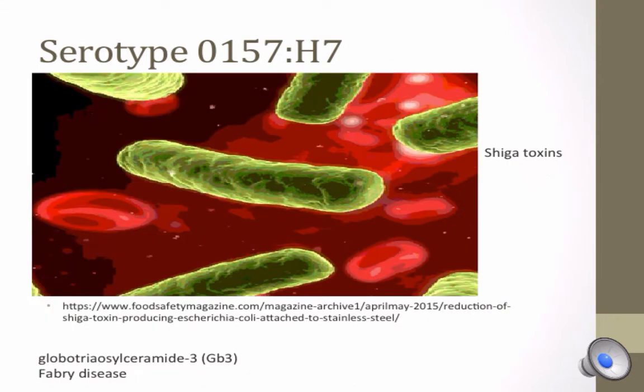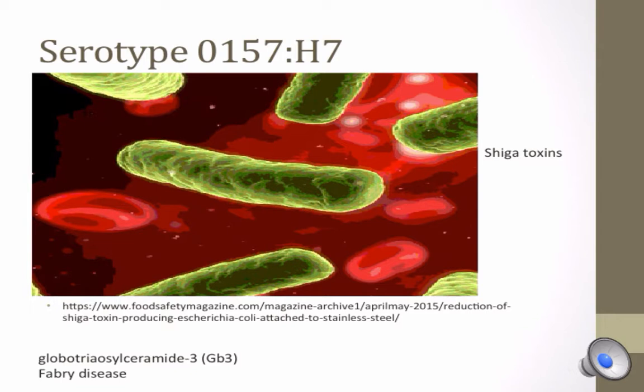So going off of what I said in the previous slide, I was talking about how these pathogens are able to bind to endothelial cells, but going on to the next step, they're able to produce these things called Shiga toxins. Shiga toxins are going to be targeting these things called Gb3. Gb3 is a globoside that is formed by alpha linkages of galactose and lactosylceramide.